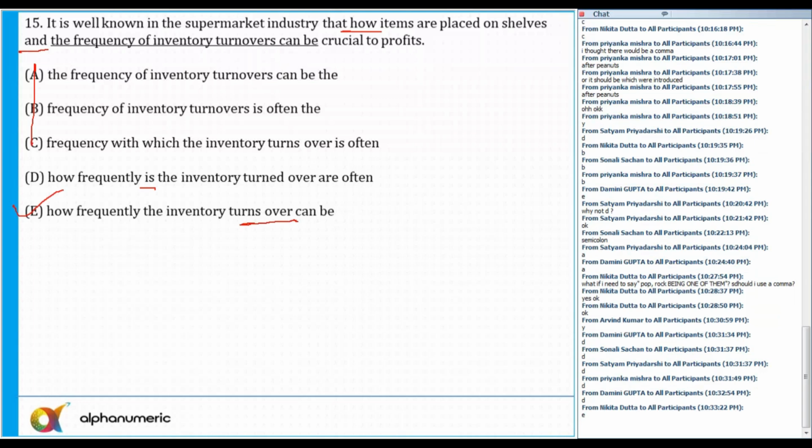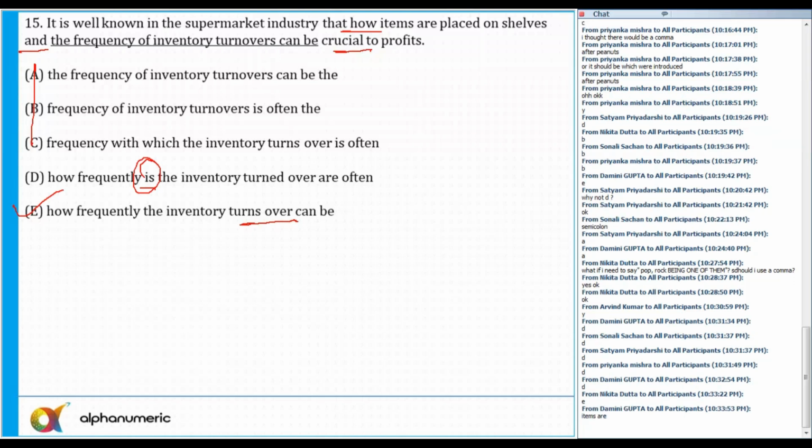So two things are crucial in a supermarket: how items are placed on shelves and how frequently the inventory turns over. Yes, E is right. Why do we need to use the word is in how frequently is the inventory turned over?